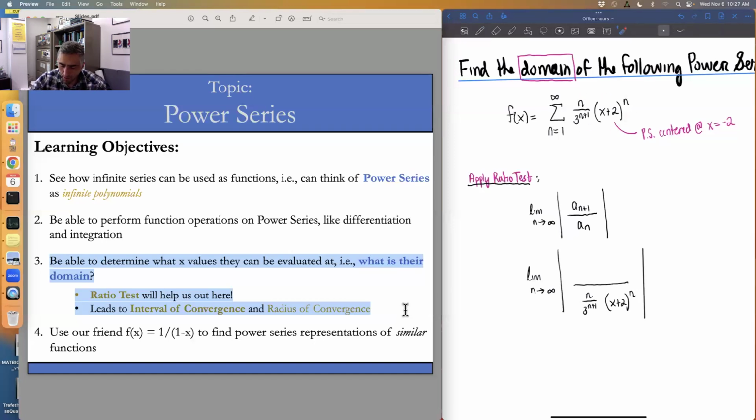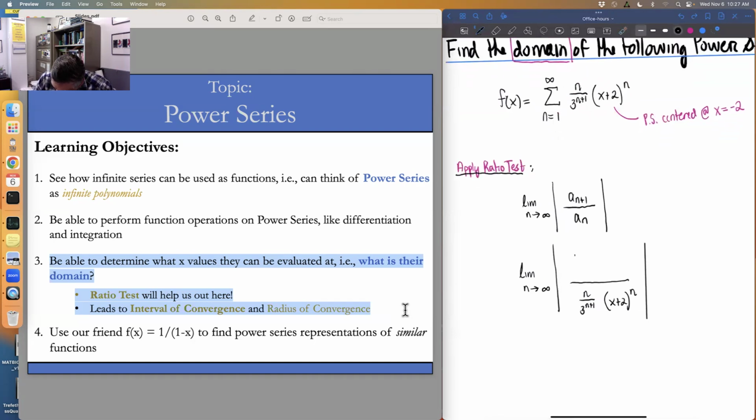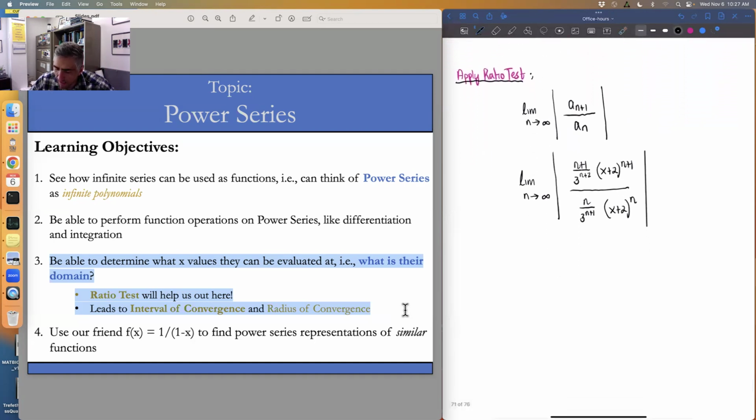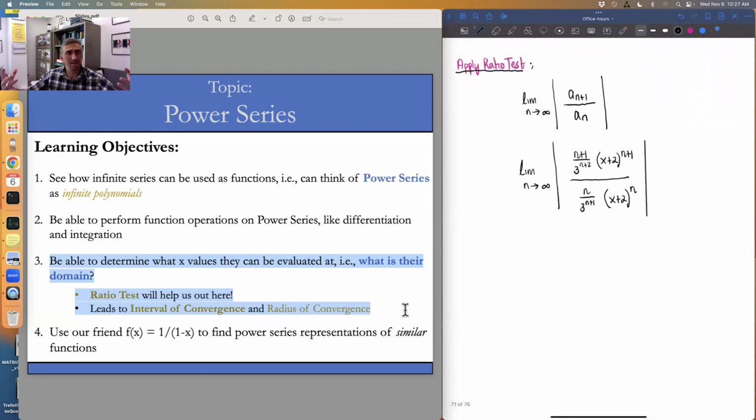Anywhere there's an n, we replace it with an n plus 1. So we'll have n plus 1 all over 3 to the n plus 1 plus 1, or 3 to the n plus 2, times x plus 2 raised to the n plus 1. And what we're hoping to see from ratio test is that this limit is less than 1, because that's when ratio test converges.